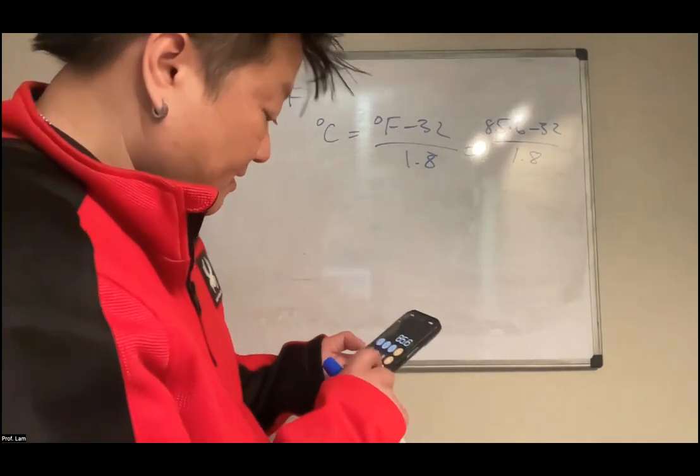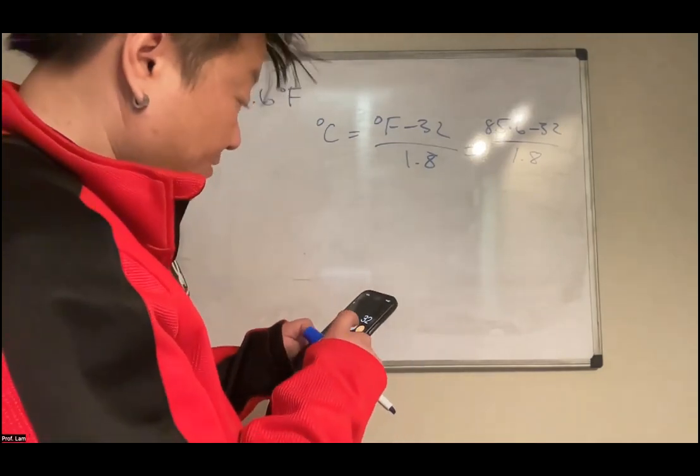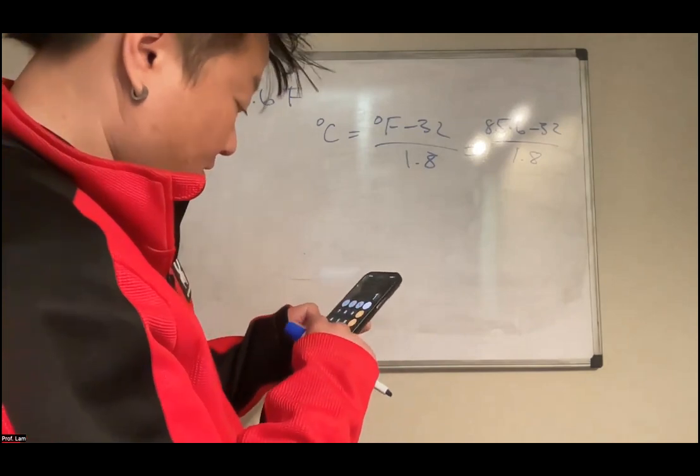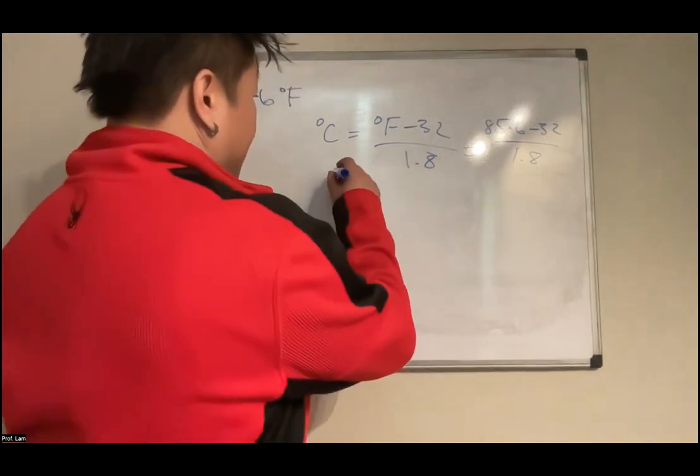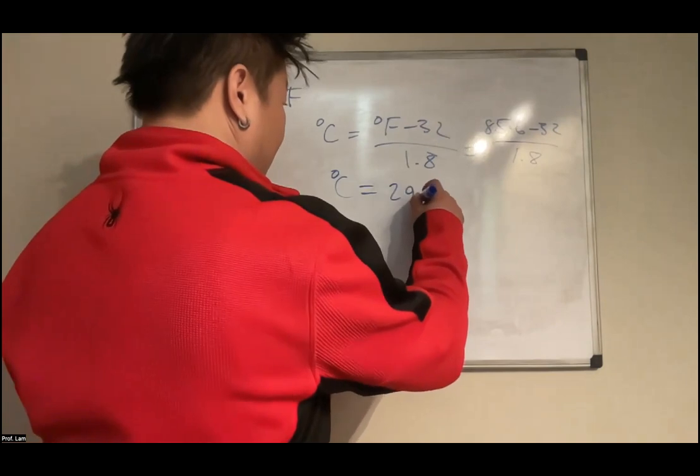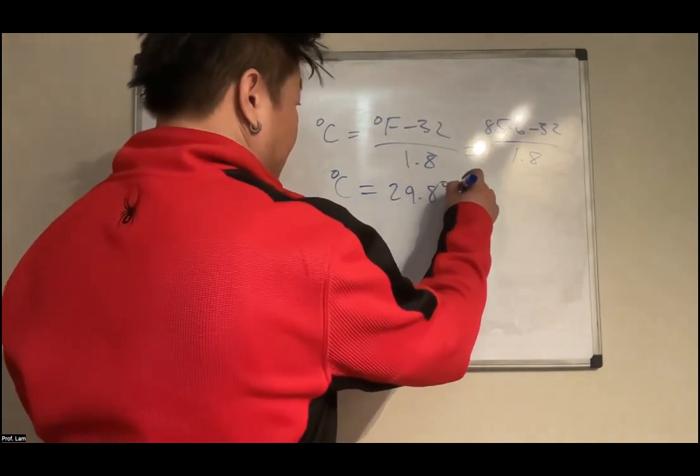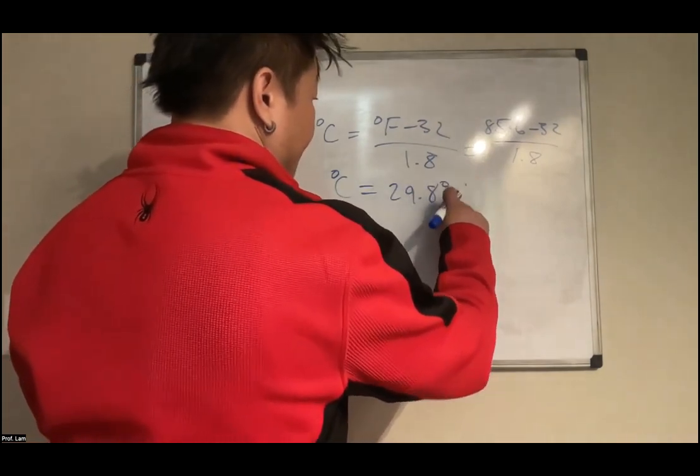So 85.6 minus 32 divided by 1.8. So we get 29.8 Celsius.